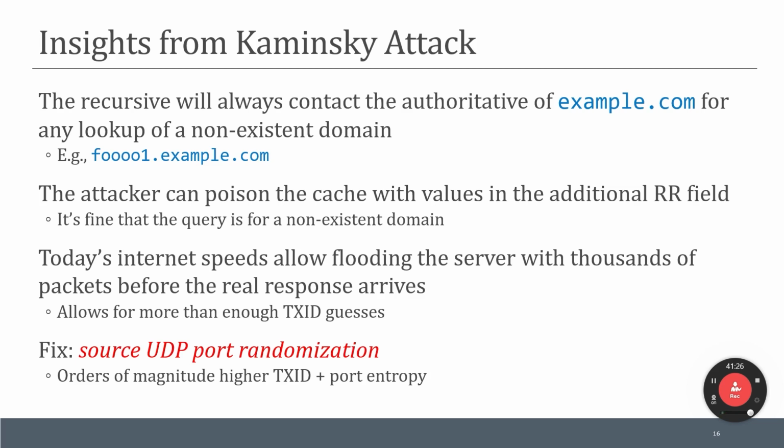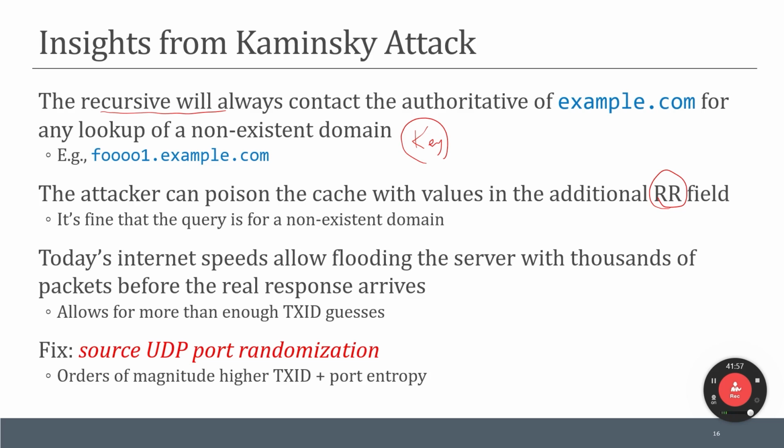So what is the insight from the Kaminsky attack? The recursive name server will always contact the authority of example.com for any lookup of a non-existent domain. This is the key, right? And then the attacker can poison the cache with values in the additional RR field, right?